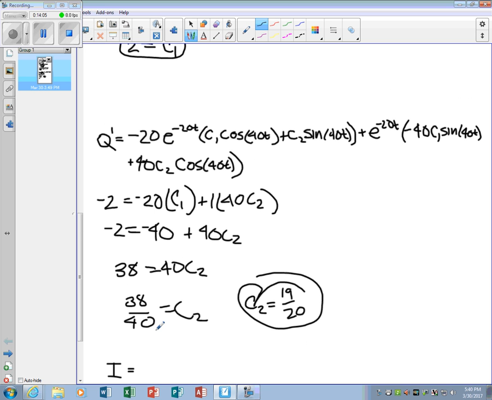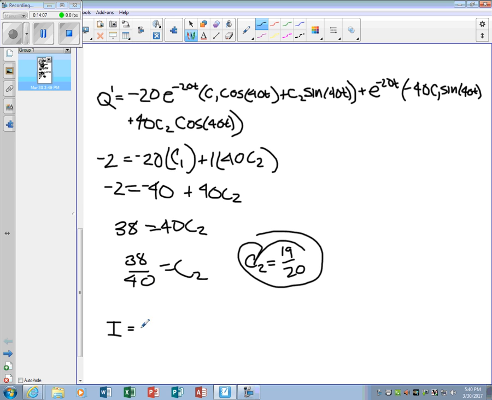We're going to put negative 20 out here in front, e to the negative 20t. And then that C1 was 2, so we're going to put 2 cosine 40t plus 19 over 20 sine 40t.